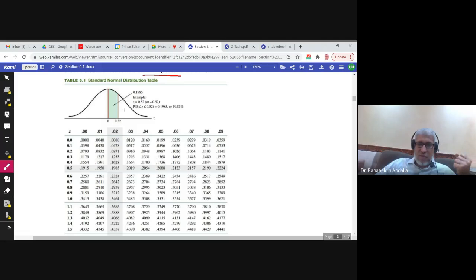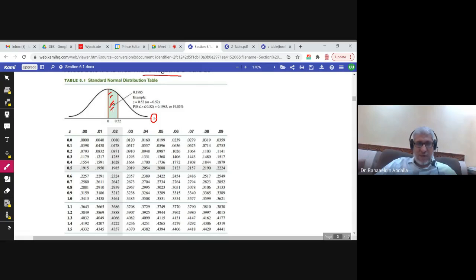So what is this? This is the Z value, and 0 is the mean. So this is the standard normal, and this is one value of Z, 0.52. And in this region, from here to here, Z is between 0 and 0.52. What about this area?